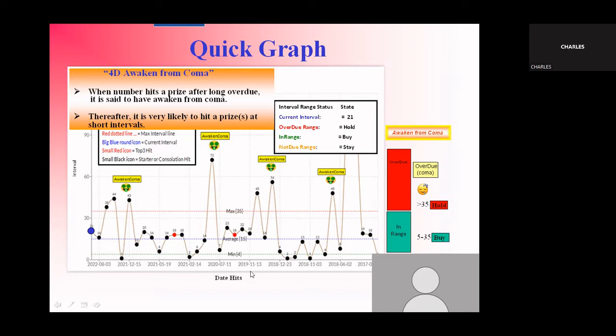So after interval 15, if you want to stop, you can stop, because you do not know when it will come. It may go into a second coma like this, go all the way up to interval 72, then hit.